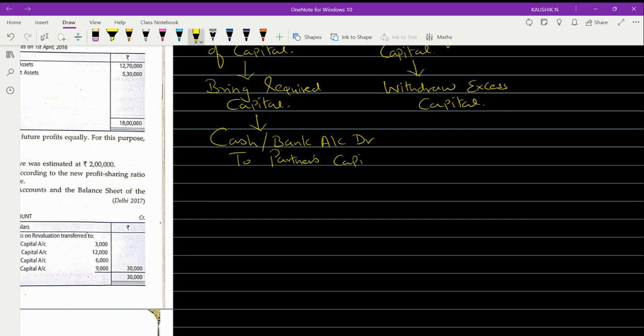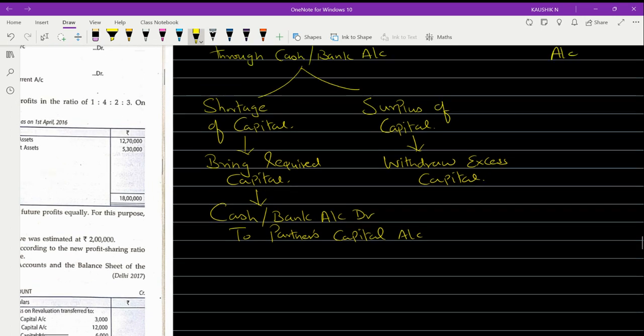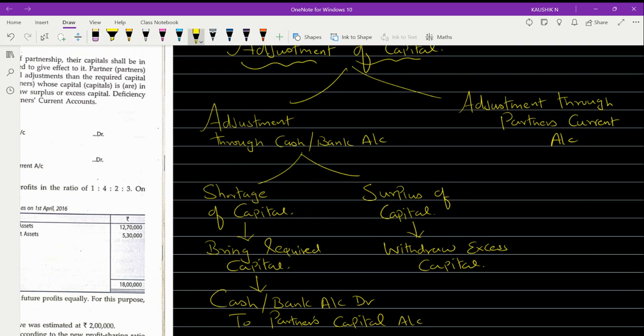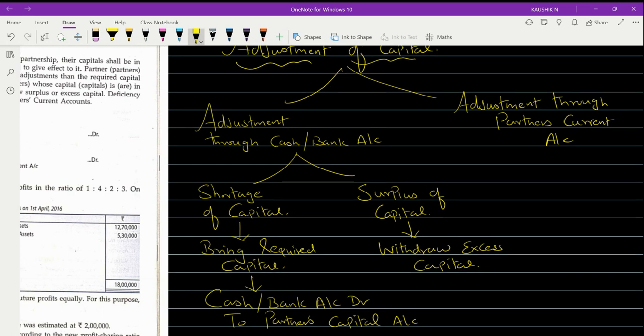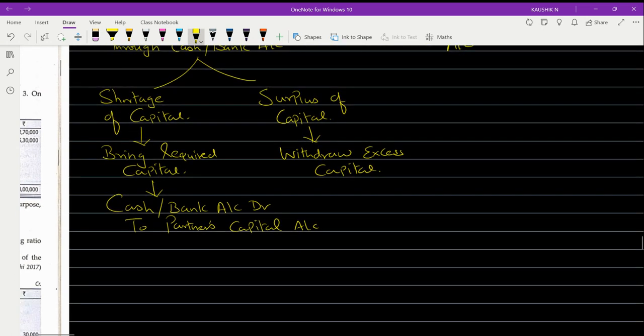This is the journal we'll follow in the concept of adjustment of capital through cash or bank, for shortage of capital. On the other hand, if it is a surplus of capital where you're going to withdraw the amount, the entry is the reversal of this.